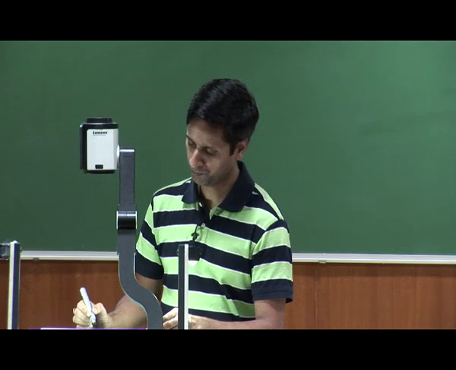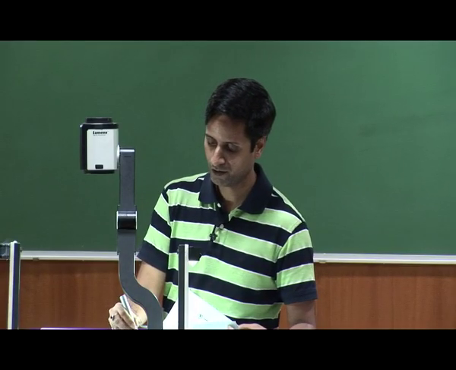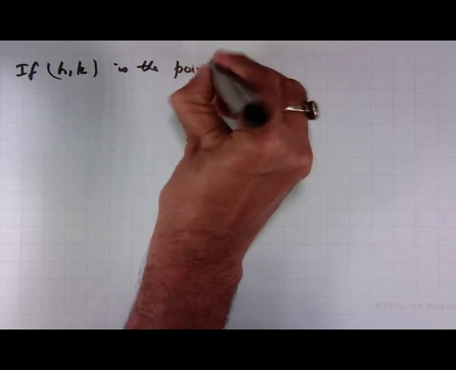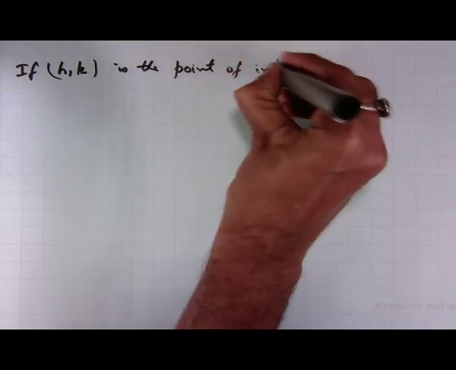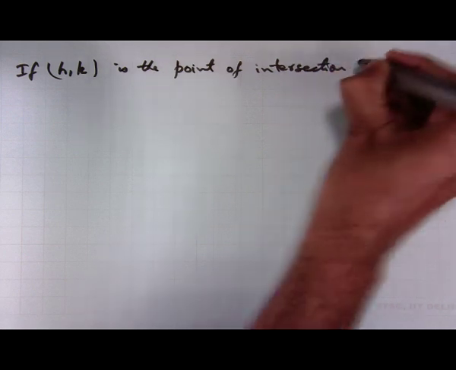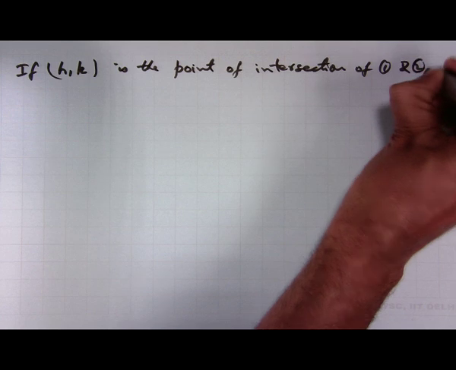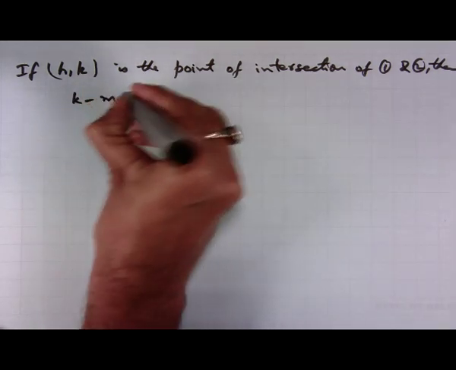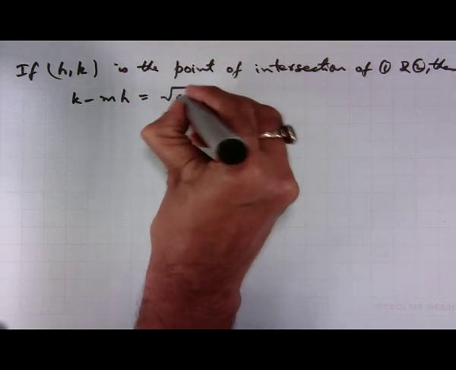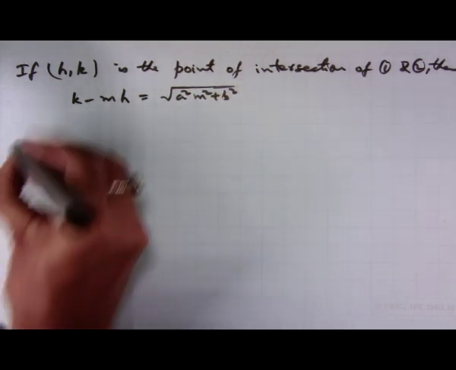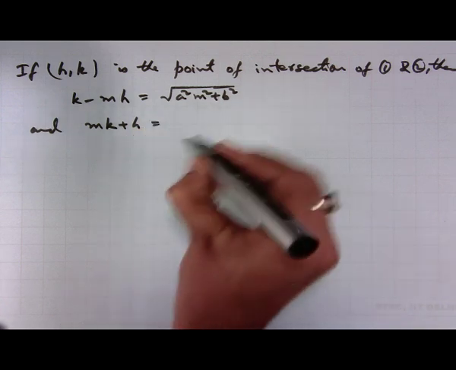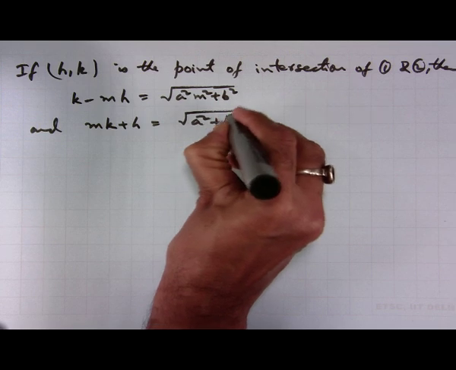So, if h comma k is the point of intersection of 1 and 2, then we have k minus m h is equal to square root of a square m square plus b square and m k plus h is equal to square root of a square plus b square m square.